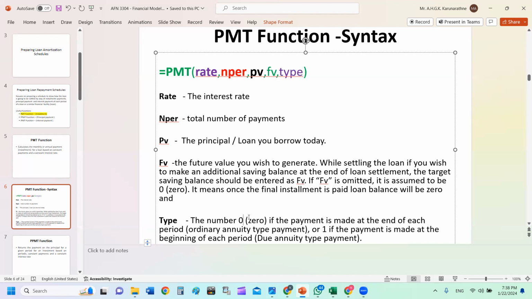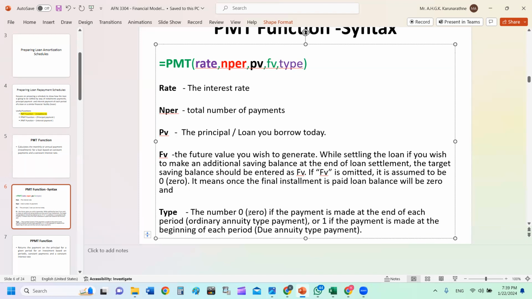But most of the cases the loan is paid at the end of each period. So if you put 0, Excel identifies you are paying the installment at the end of the period.